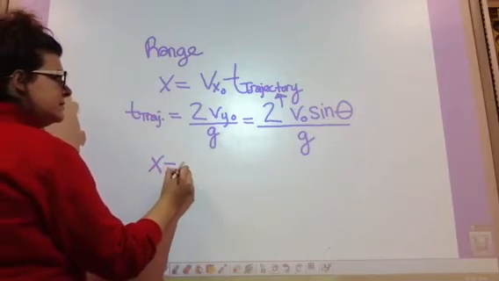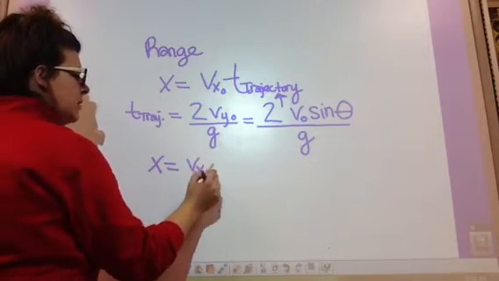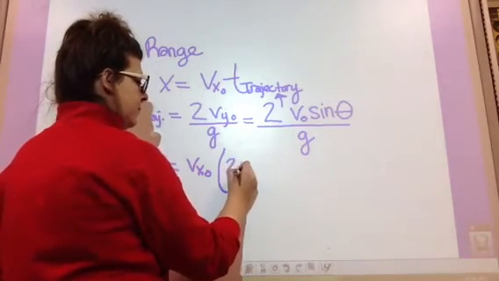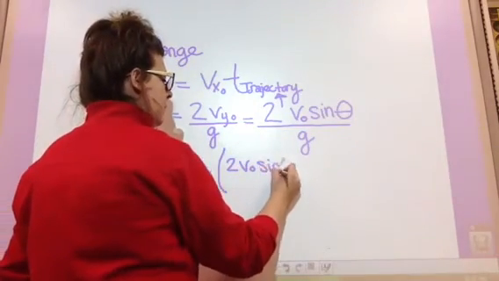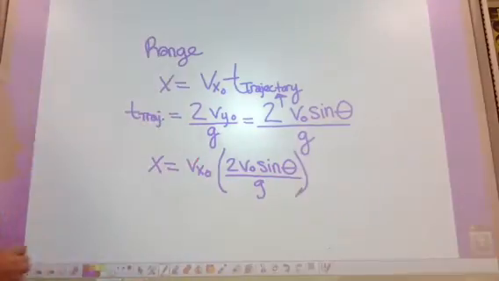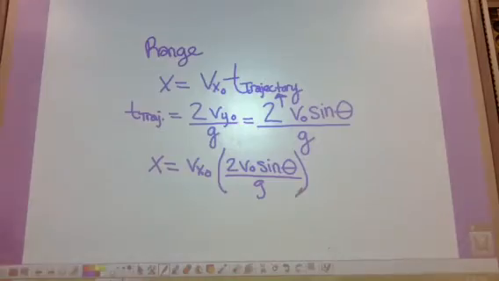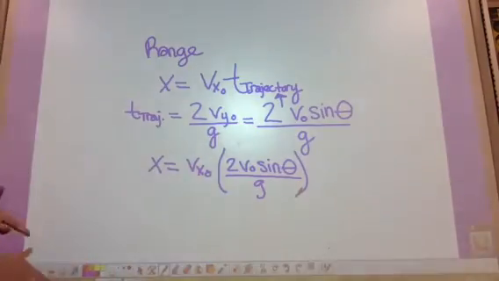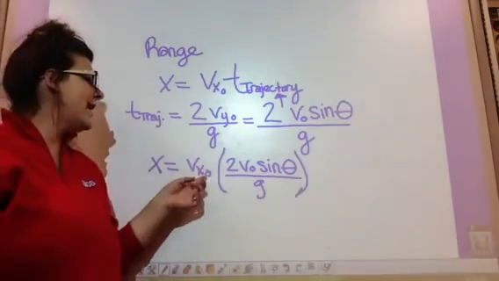So let's plug this in for t trajectory. I have x equals my initial velocity in the x direction times 2 V0 sine theta over g. Okay, well I have one more problem, and that is this velocity is in the x direction, that x component, so I need to also account for it.